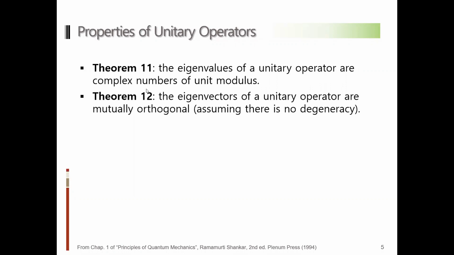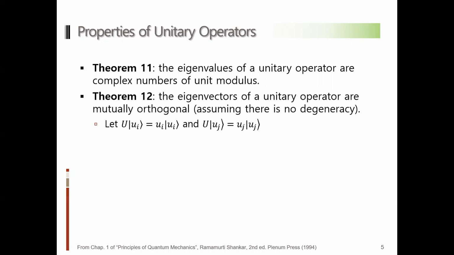Another important property is that when there is no degeneracy, similar to the Hermitian operator, the eigenvectors of the unitary operator should be mutually orthogonal. The proof of these two theorems can be done by similar steps. So I will start with the common steps of the proof first.